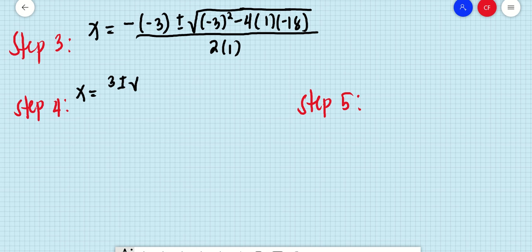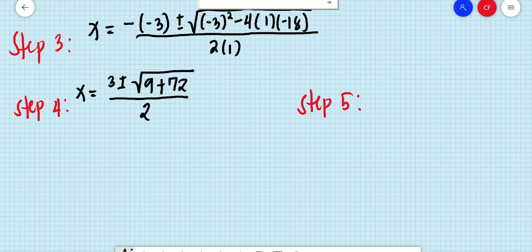Positive, negative, this one, negative 3 raised to 2, it will be 9, positive 9. And negative 4 times positive 1, negative 4. And what is negative 4 times negative 18? Ano yung sagot? Okay, very good. That is positive 72. Okay, so positive 72 over 2 times 1, that is 2.